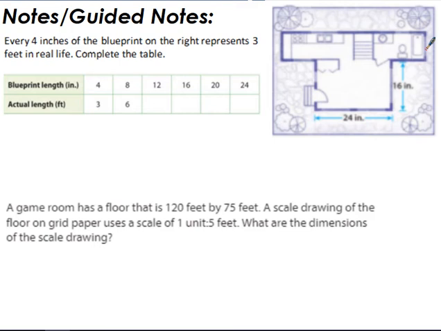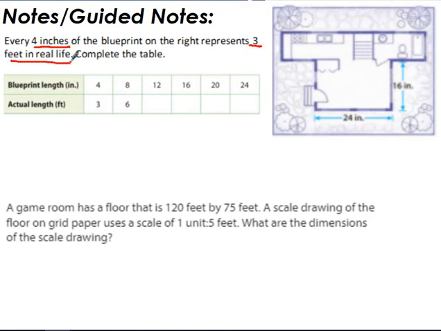Before they actually built the room in real life, they had a blueprint drawing of it first. On that blueprint, one wall was 24 inches wide, the other one was 16 inches tall. But what we're told is that every 4 inches of the blueprint represents 3 feet in real life.